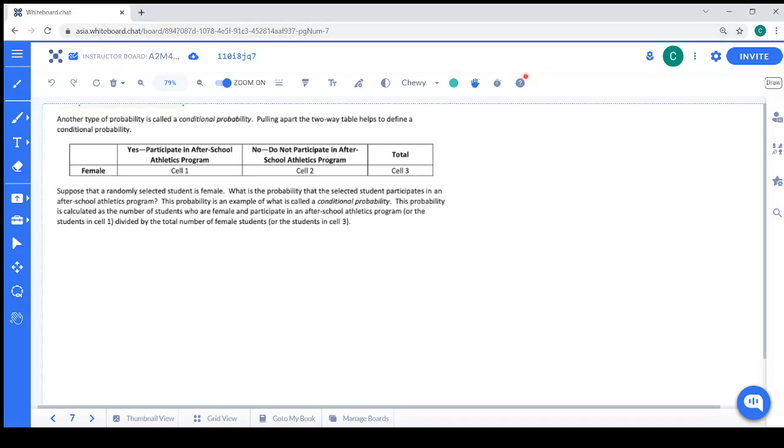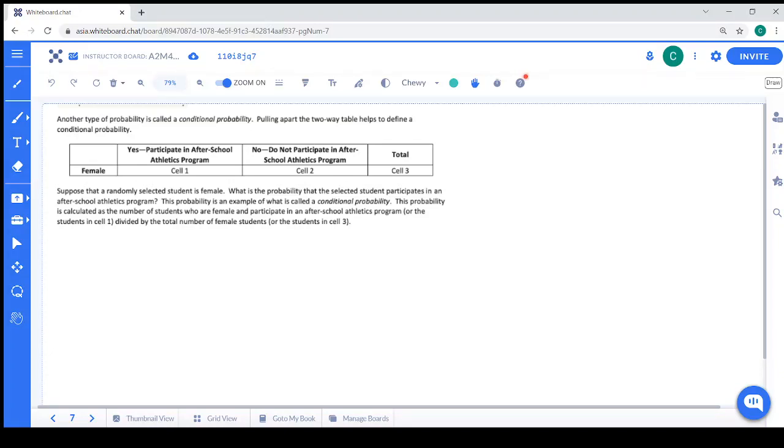Let's try it again. It says another type of probability is called conditional probability. Okay, and that's pulling apart the two-way table, and that helps to define the conditional probability. So if we are just looking at the female row, we would suppose that a randomly selected student is female.